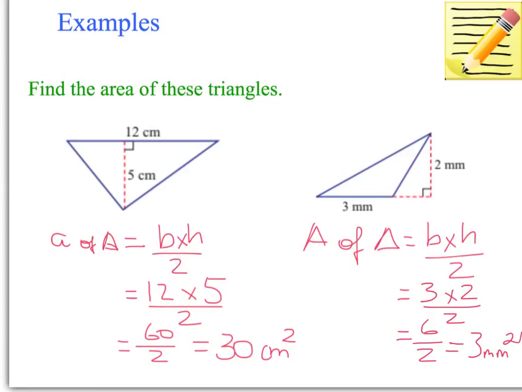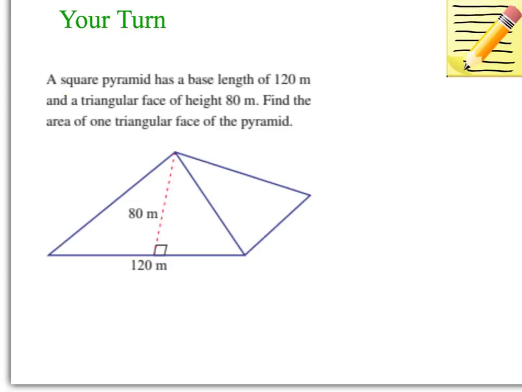I'm going to give you a couple of examples now for you to do. Now, these are a bit more problem-solving examples. I want you to get used to doing these sorts of things by applying what you know. So this square pyramid has a base of 120 meters and a triangular face of height of 80 meters. Find the area of one triangular face.